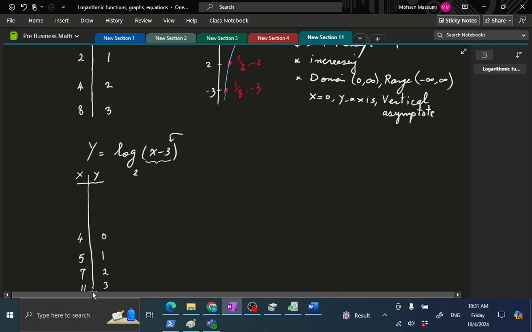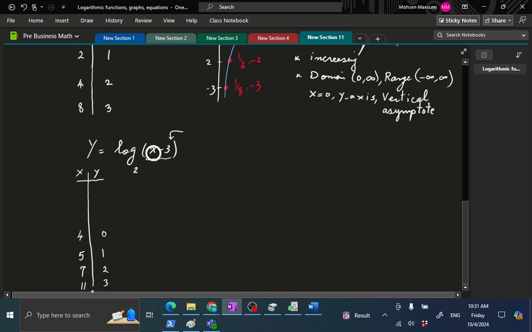So next number for me is, when does this thing become 1/2? Of course, it has to be at 3.5, or if you wish, 7/2. If you subtract 3 from this, you get 1/2, and logarithm of that will become -1, and so on.